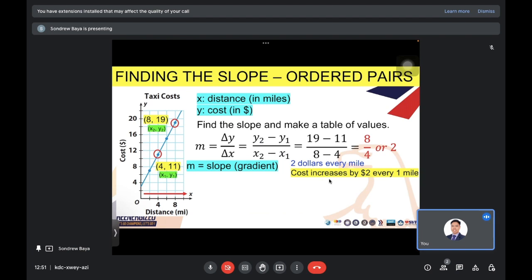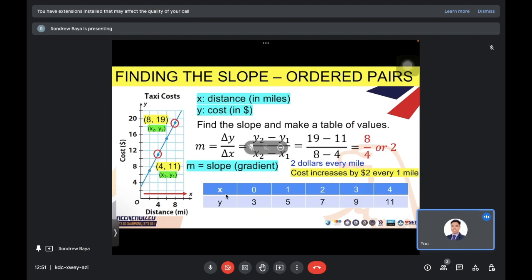So if you are to create a table of values for this, we can now say, based on this graph, if you haven't reached any mile, you are already charged $3. Perhaps this is the flat rate of the taxi, meaning the moment you board the taxi, the moment you hire the taxi, you're supposed to pay $3, even without reaching any mile yet.